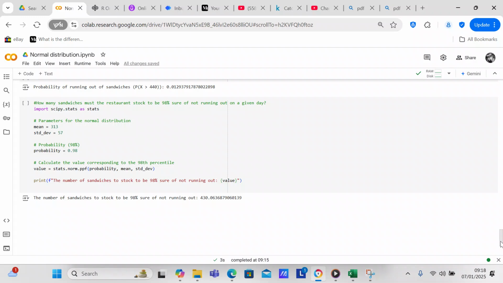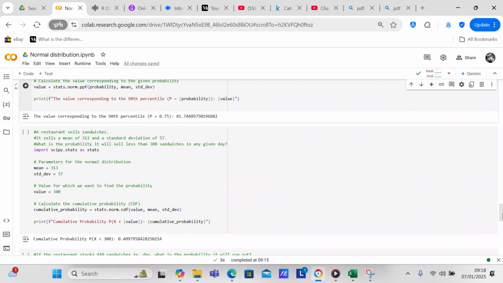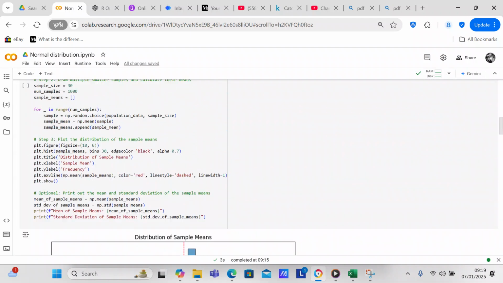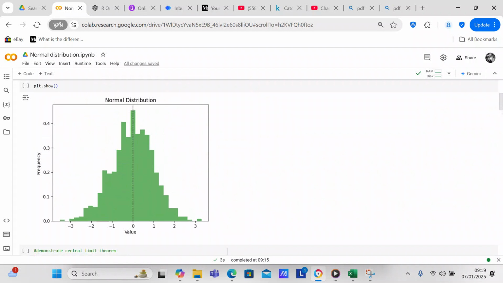So that's it for our normal distribution. It tells you how to make a normal distribution, to do the central limit theorem on the normal distribution, to calculate a percentage when it's up to or equal to a certain value, that's your CDF, and to calculate a percentage when it's greater than a certain value, that's your PDF, I think.